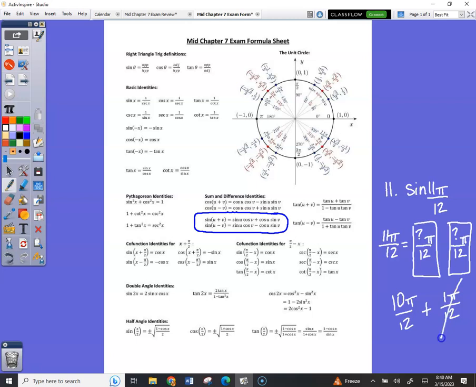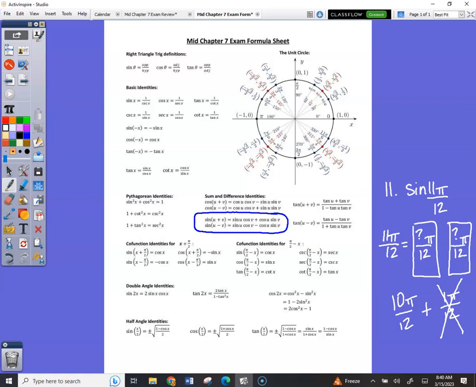Pi over 12 does not appear on the unit circle, which means you're still stuck here and you can't go any further. So you're picking numbers that reduce nicely to fractions that are on the unit circle, because think of it as calibrating work. You're taking something that we cannot find on the unit circle.